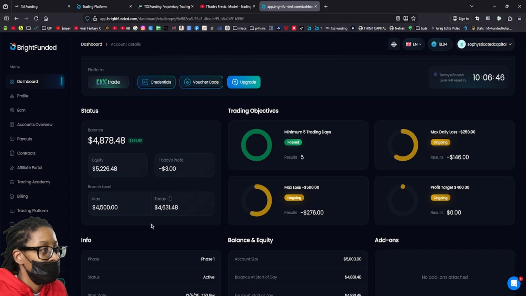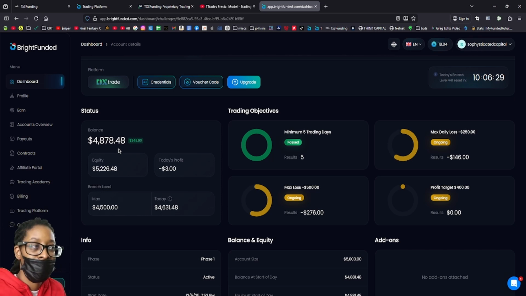So for this particular challenge, my profit target is 400. Had I not been in drawdown, I would have that 400 in about a few minutes. But because I'm in drawdown almost $200, I have to make that up somehow. So I'm going to hold out.